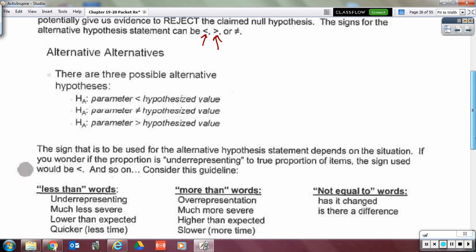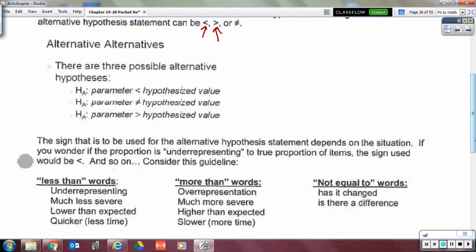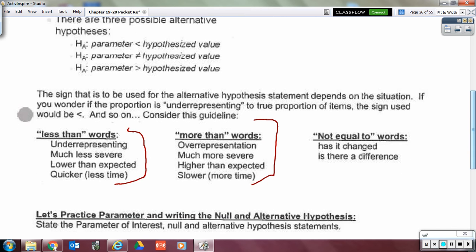Less than would give us words like underrepresenting, much less severe, lower than expected, something is happening quicker in less time. More than words would be something is being overrepresented, it's much more severe, it's more effective, higher than expected, slower time.